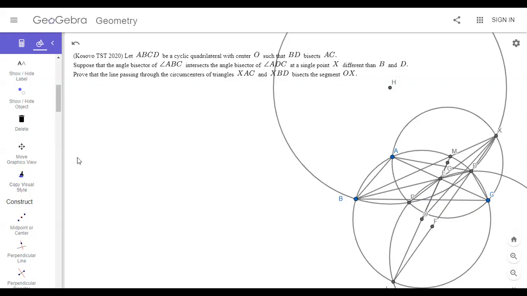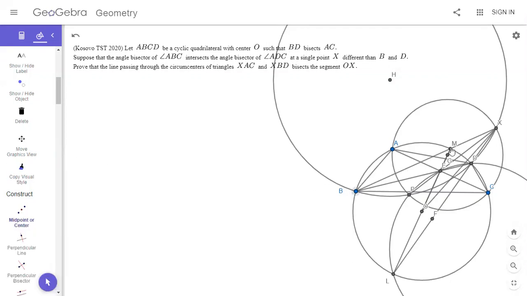Okay, so I'm going to draw the other midpoint that you mentioned. Just thinking how the spiral similarity would go. Yeah, so we know O is on the circumcircle of X, M1 and M2.